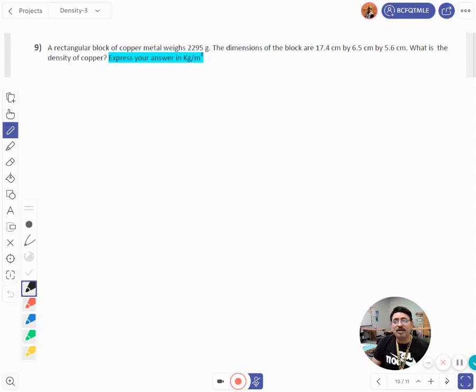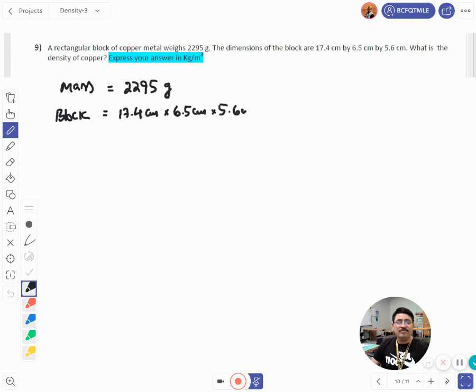Here the weight, sorry, the mass value is given as 2295 grams. Next, the block dimensions are given as 17.4 centimeters by 6.5 centimeters by 5.6 centimeters.